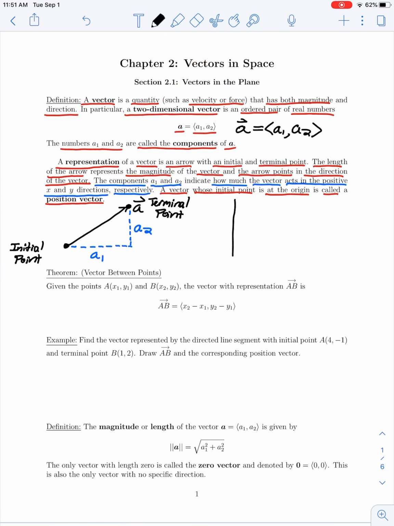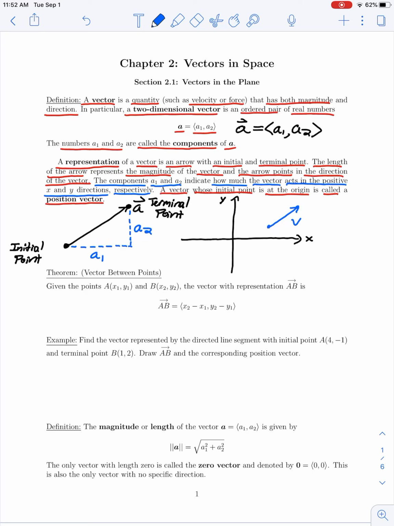So let's say that we're looking at vectors in the plane, so in 2 dimensions, using a Cartesian coordinate system. We have the xy plane, and a representation of a vector would be some arrow with an initial point and a terminal point.